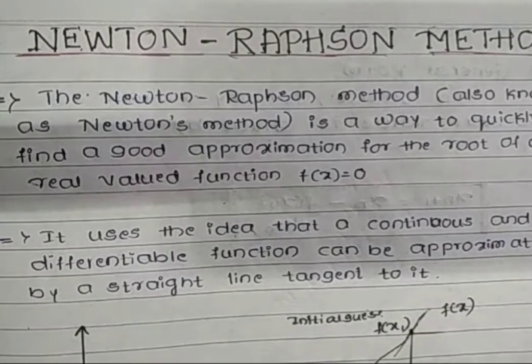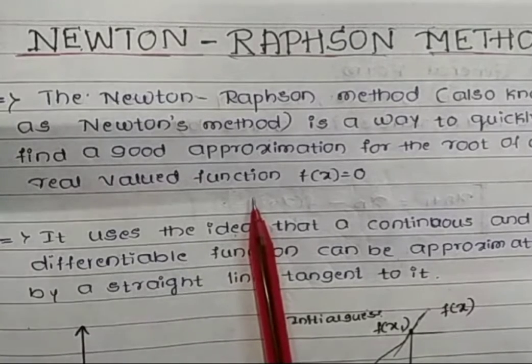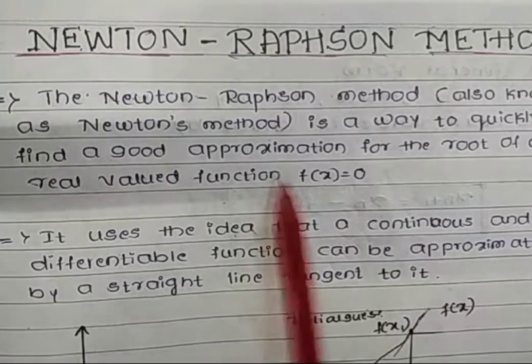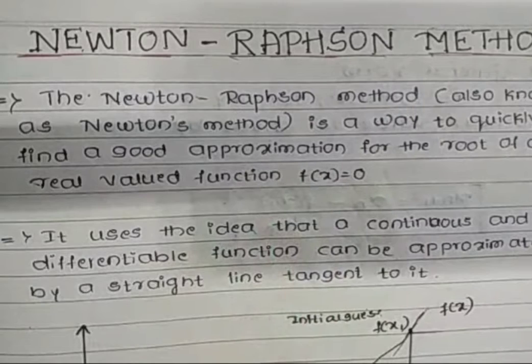So compared to the previous four numerical methods, bisection, regula falsi, secant and iteration, this one is very fast.